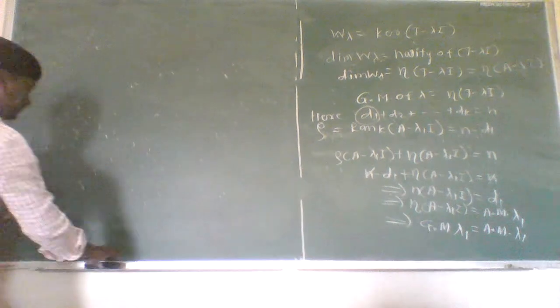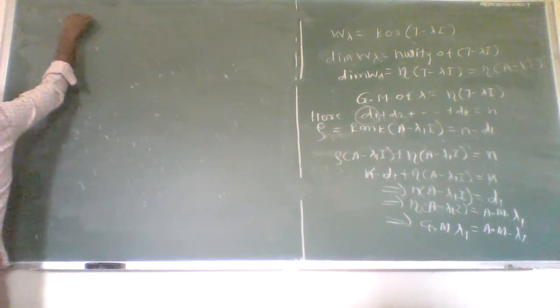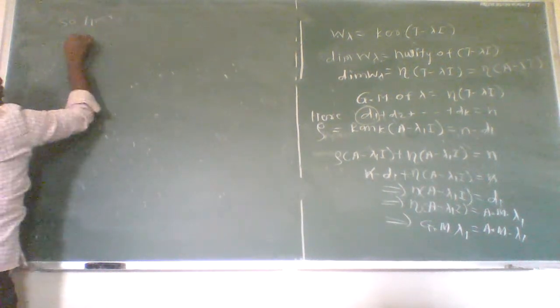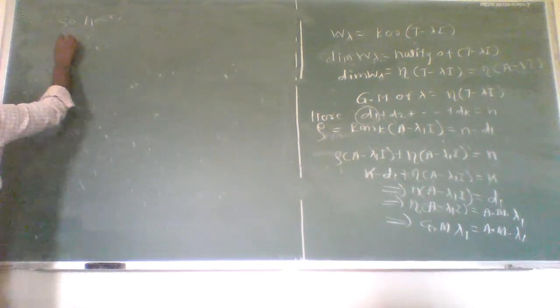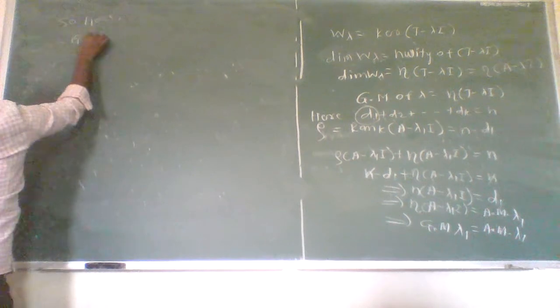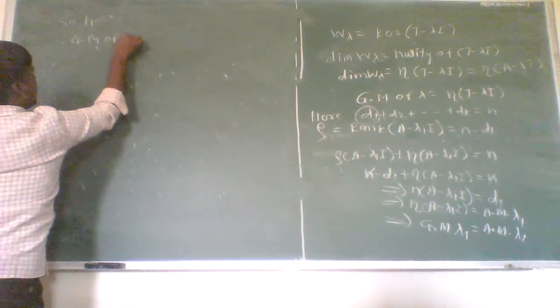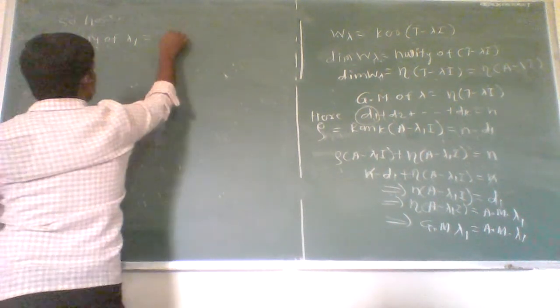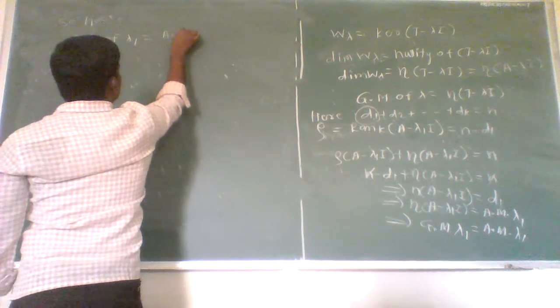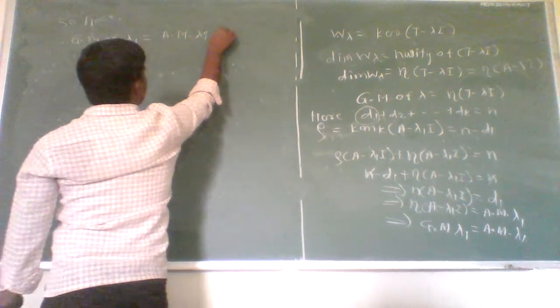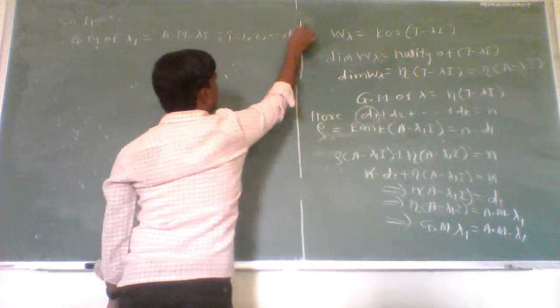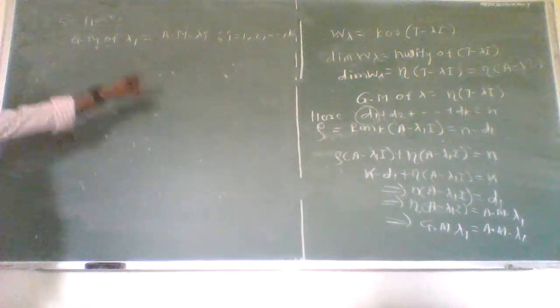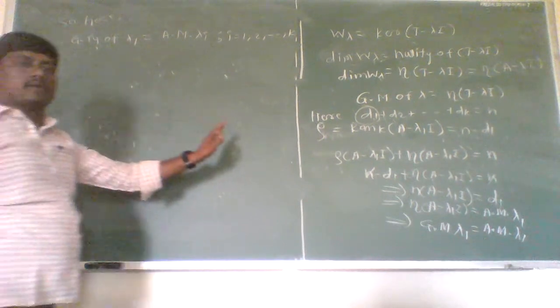So similarly, the geometric multiplicity of lambda i is equal to the algebraic multiplicity of lambda i for i from 1 to t, which is true for all the lambdas if T is a diagonalizable operator.